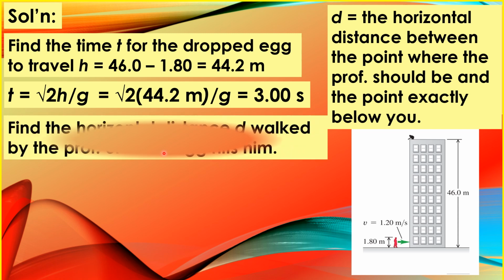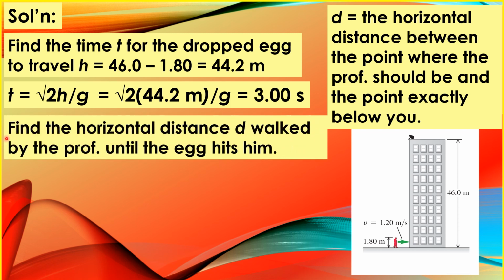And then we can now find the horizontal distance d, or target variable. The horizontal distance d walked by the professor. Remember, the professor is walking at a constant speed towards the point where the egg is supposed to fall.